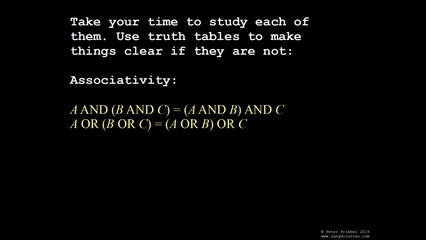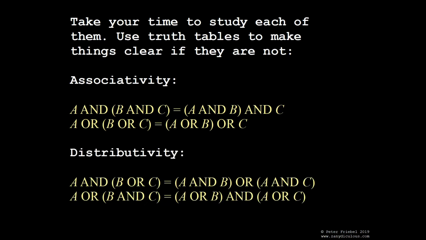First is the rule of associativity. A and B and C equals A and B and C. Likewise, A or B or C equals A or B or C. Distributivity.